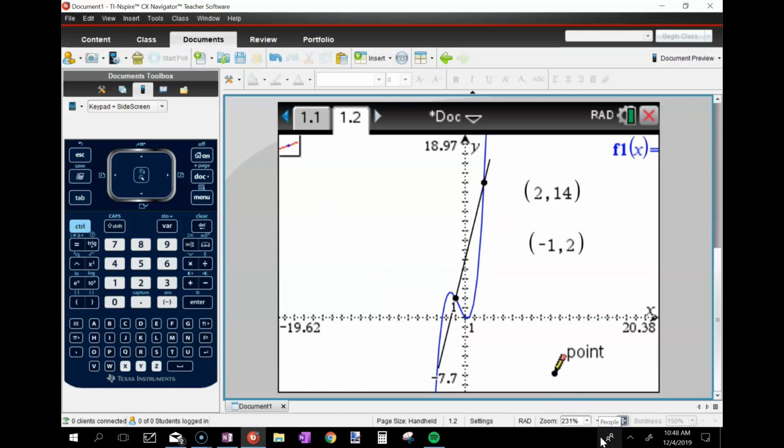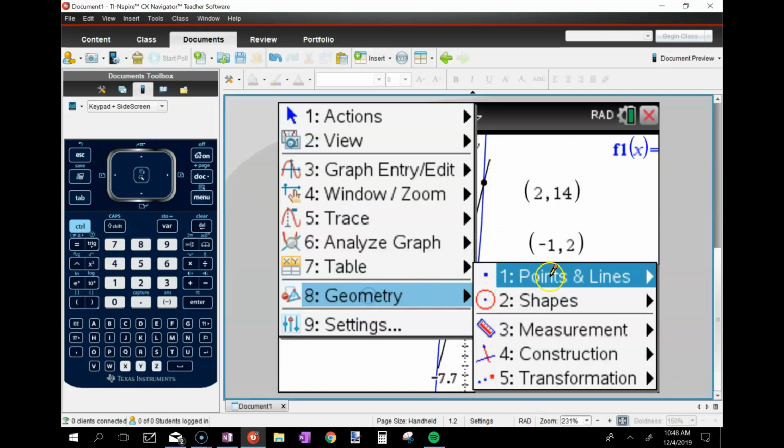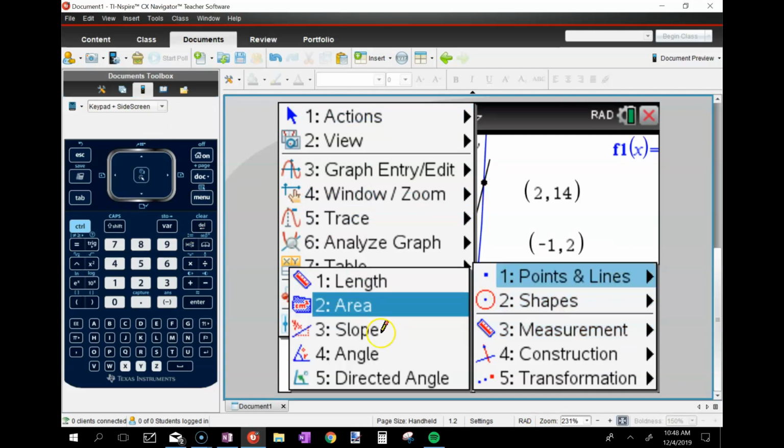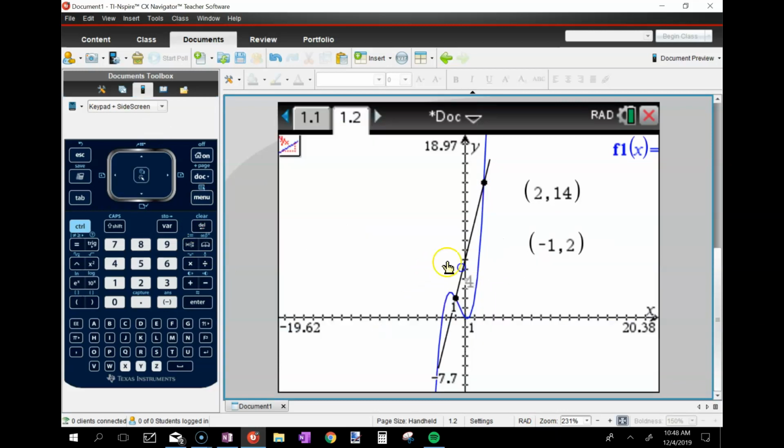Now, what does the theorem suggest? It suggests that there has to be a point between these that has a tangent that is parallel to this one, right? Well, what's the slope of this? Oh, geez. Well, the calculator lets me do that too, right? Measure the slope. Slope is 4, right? So what I'm suggesting is that there is a point where the derivative on this curve equals 4.